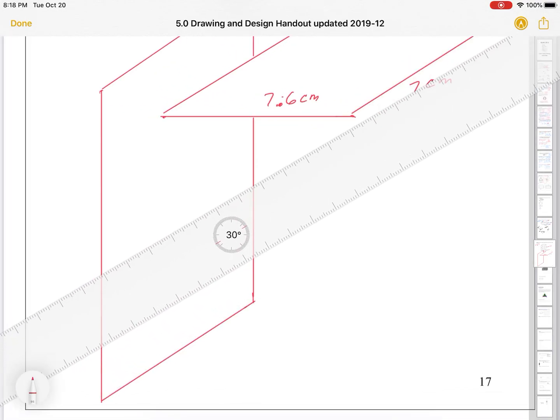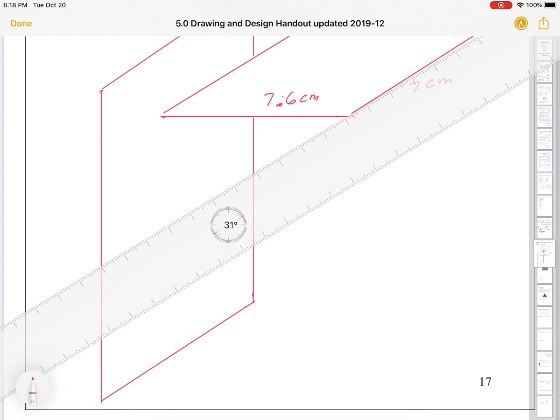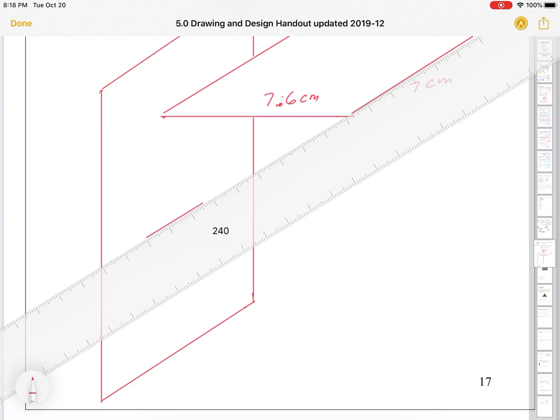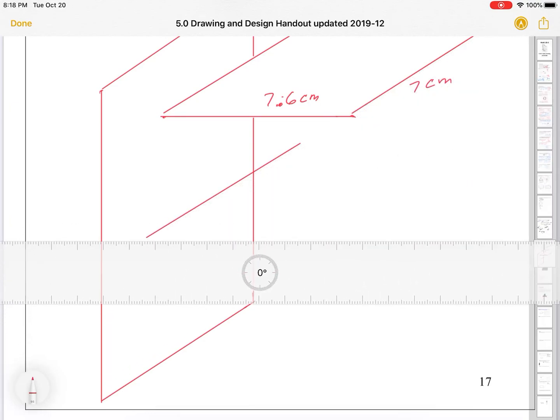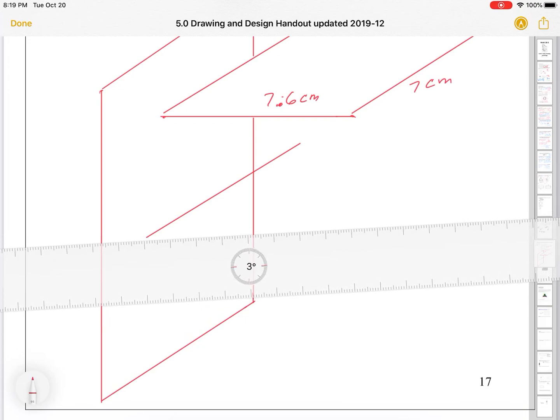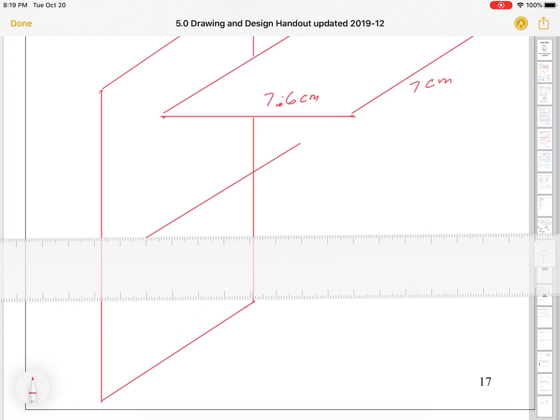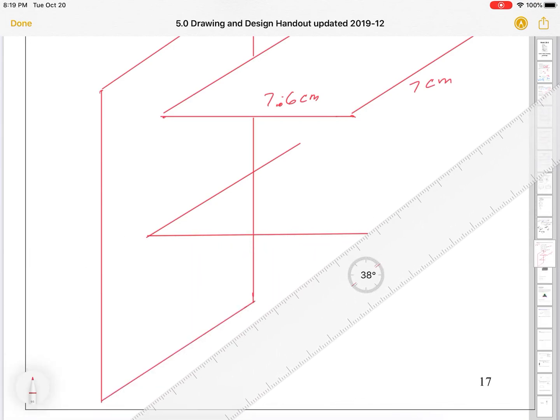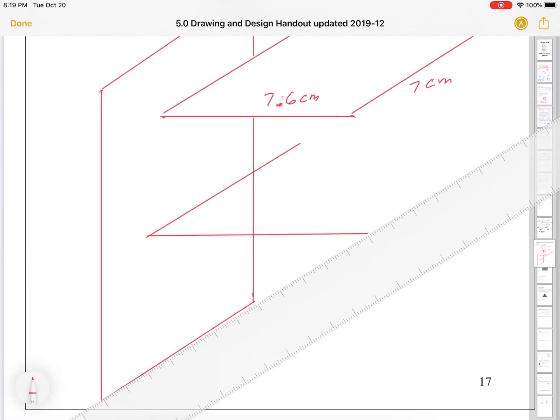And then I'm going to have another piece that looks like this one in the middle here. 1, 2, 3, 4, 5, 6, 7 with a front of 7.6, and a side of 7.